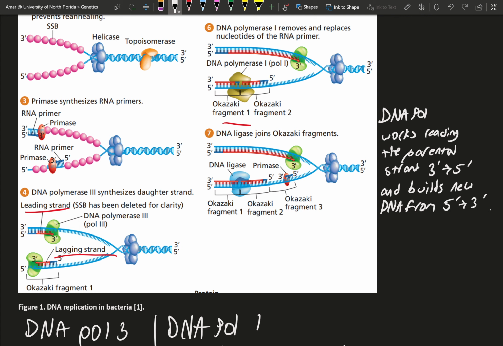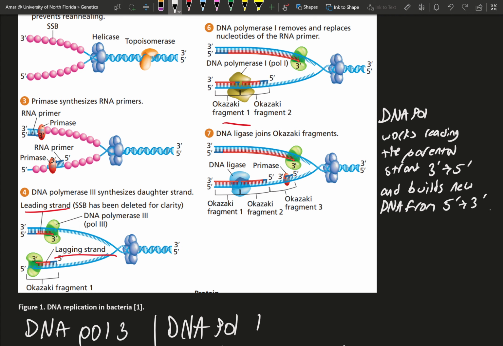You should always include that these DNA polymerases work by reading the polarity of the DNA, right? But the issue here is that the polarity of DNA is anti-parallel, which just means that one of your strands has an opposite directionality compared to the complementary strand. Therefore, these DNA polymerases will be working in opposite directions, right?